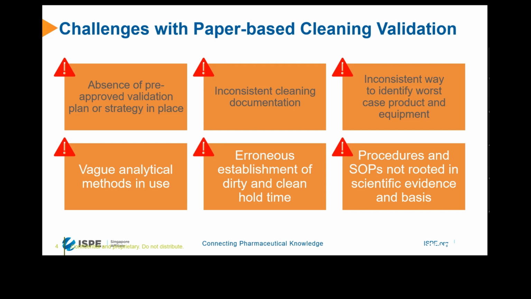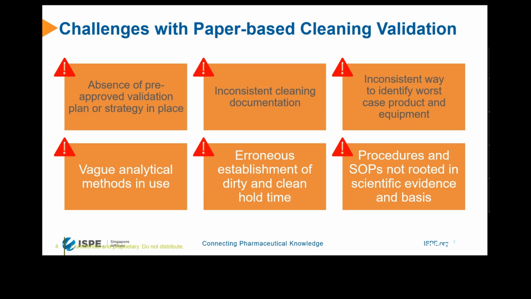How do you manage all the calculations today with paper-based cleaning validation? I'm not sure, but most of you, based on my 19 years of experience, I believe you'd be using an Excel spreadsheet or some sort of paper-based form where it gives you numbers, acceptance criteria, how to perform cleaning validation, how many runs, how to do risk management.